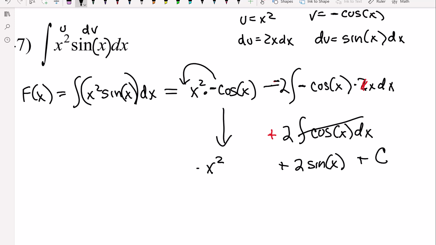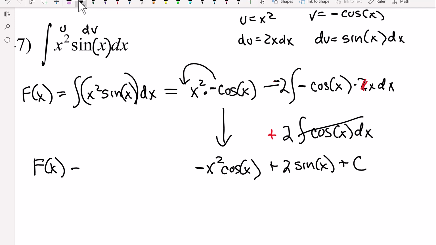So negative x squared cosine x, plus 2 sine x plus c. So that's capital F, there you go. All right.